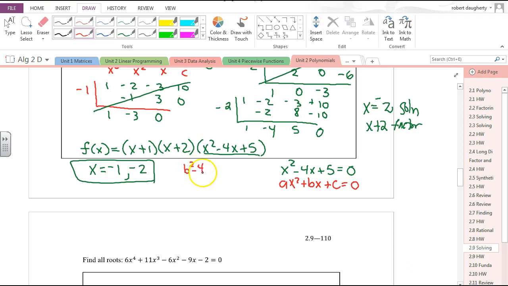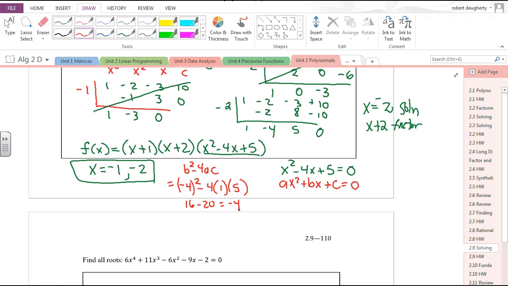What's b squared minus 4ac? That is going to be negative 4 squared minus 4 times 1 times 5. So that is 16 minus 20, which is negative 4. What kind of roots am I going to have? Not irrational, but complex.